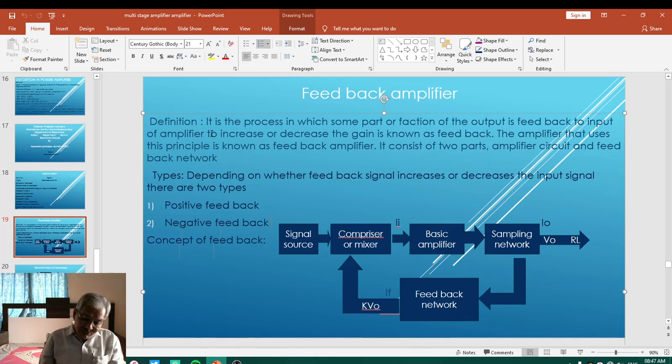And the amplifier that uses this principle is called a feedback amplifier. Depending upon whether the feedback signal increases or decreases the input signal, there are two types: one is positive feedback and the second is negative feedback. And then we have covered the concept of feedback by using the block diagram.